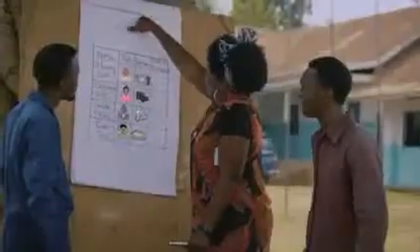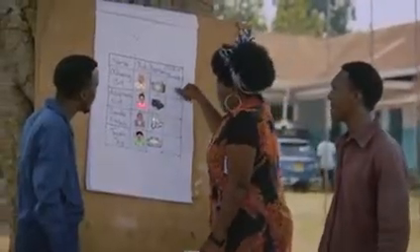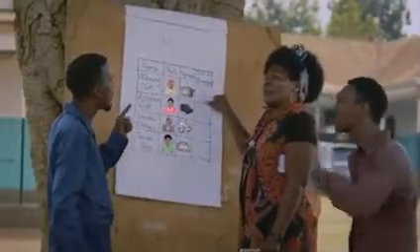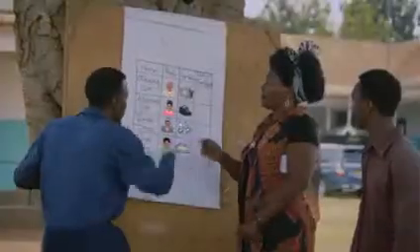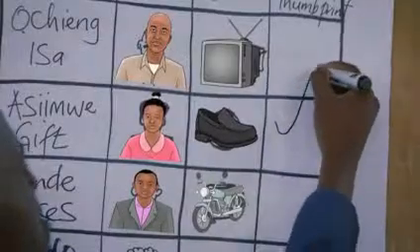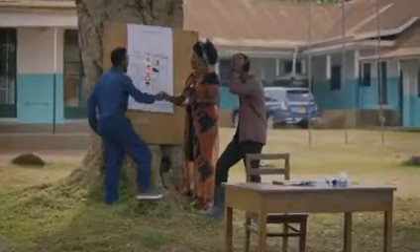You place your tick or your thumbprint in the space corresponding to your candidate. But it has to be in the box. In the box. So what if my tick crosses through to the next box? That is invalid. Your candidate will not get that vote.